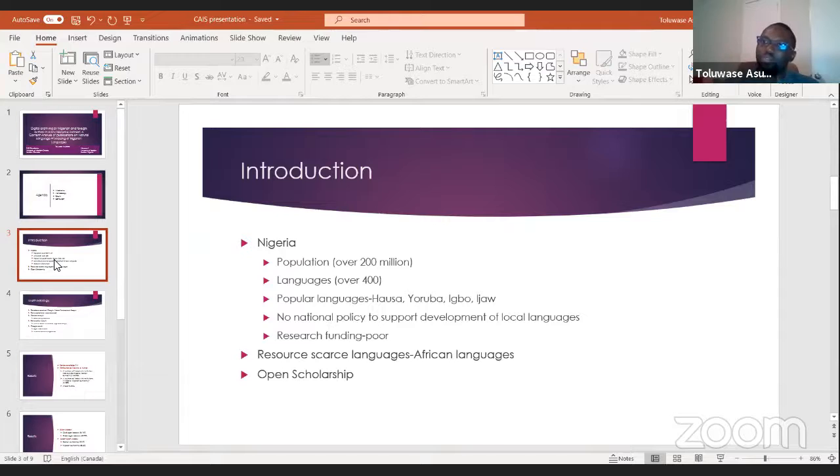This is one of the opportunities open scholarship gives researchers in this area, and that's the motivation for this work. I want to see how Nigerian authors in this resource scarce research area have harnessed the open scholarship model of scholarly communication.